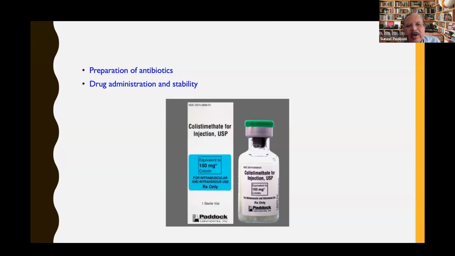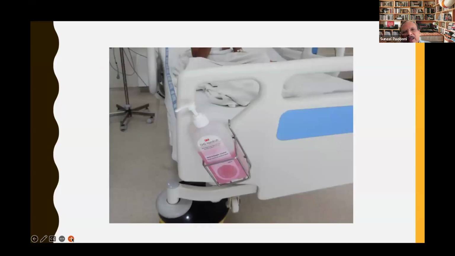Actually, after 24 hours of dilution, the efficacy will be lost. So those minor things, how long it remains potent after reconstitution, are the things to be monitored as well. We feel like we are giving the antibiotic, but actually they are not getting the antibiotic because of subtle reasons like this, which we tend to forget.